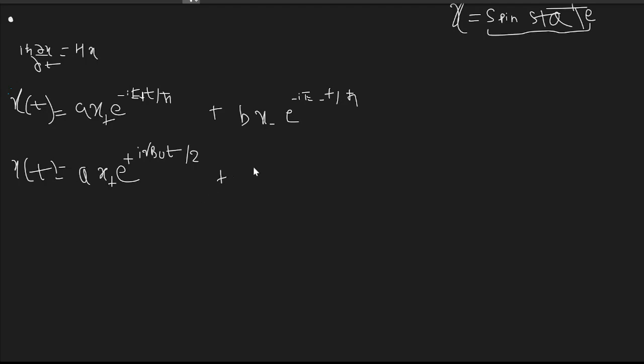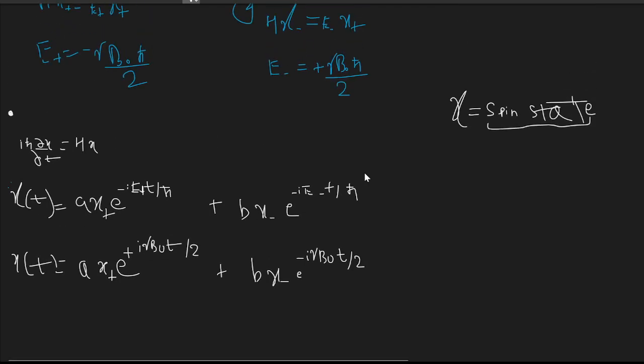Plus b spin down e raised to the power, it remains negative i gamma B naught t, and h bar will cut out, divided by 2.